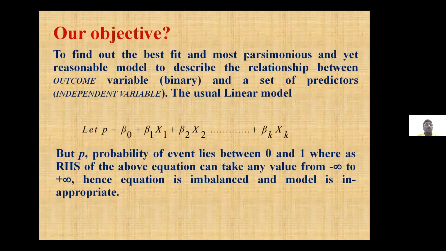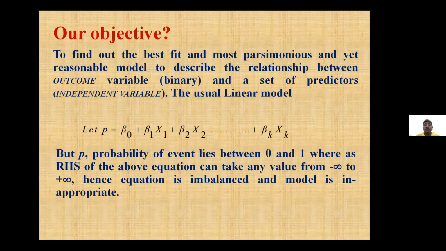Our objective is to find the best fit, most parsimonious and yet reasonable model to describe the relationship between the outcome variable, which is binary in nature, and the set of independent predictor variables.